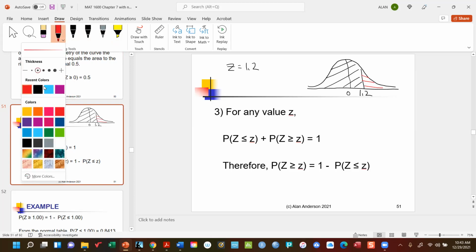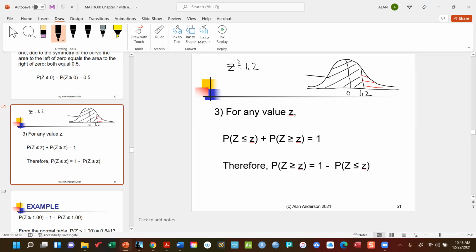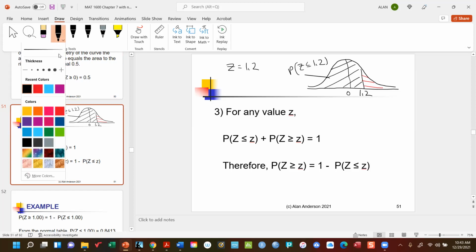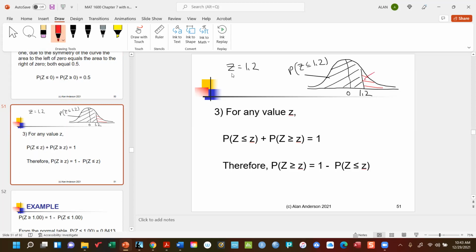So this is the result that we need to calculate greater than probabilities. This shaded region is the probability that z is less or equal to 1.2. And this region up here is the probability that z is greater than or equal to 1.2.